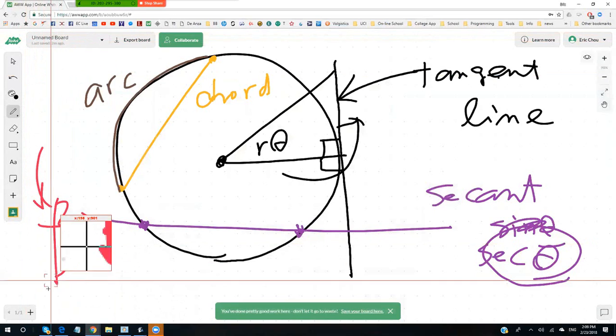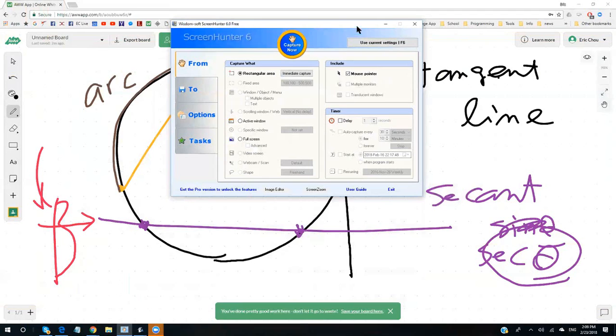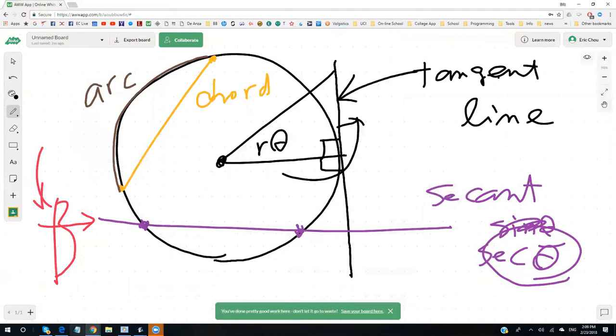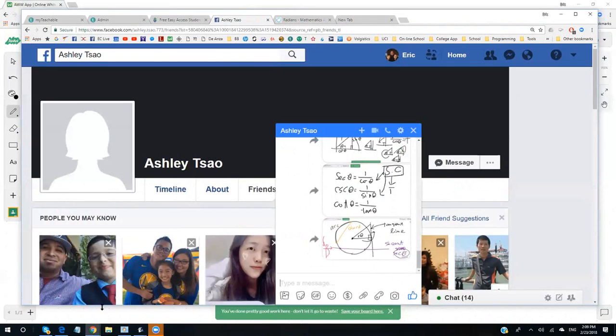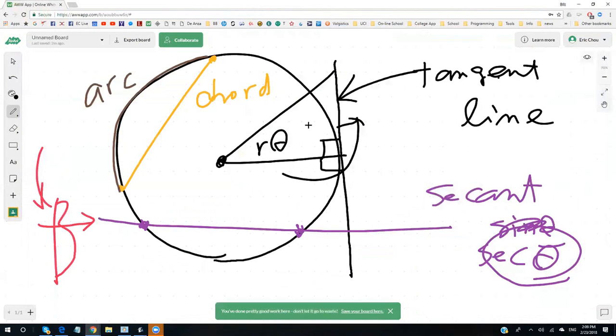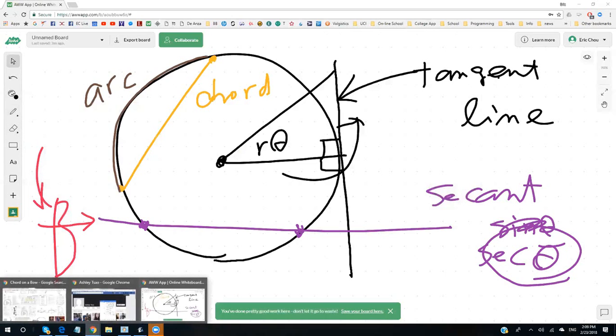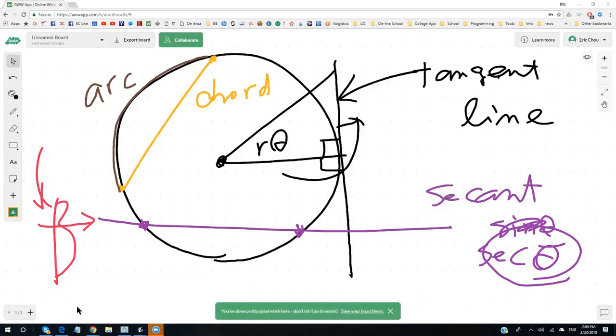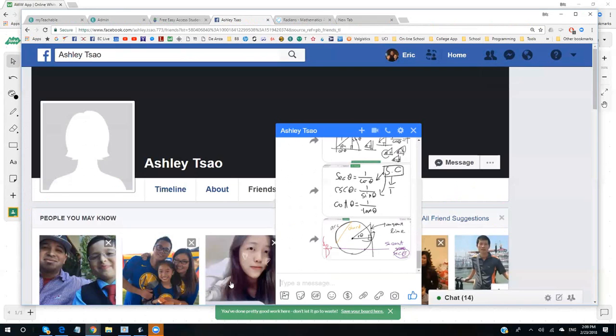So when we talk about 2 pi, it's actually not that the length is 2 pi, but the ratio is 2 pi. And when we times r, that becomes the real length. I gave you this already, right? Yes.